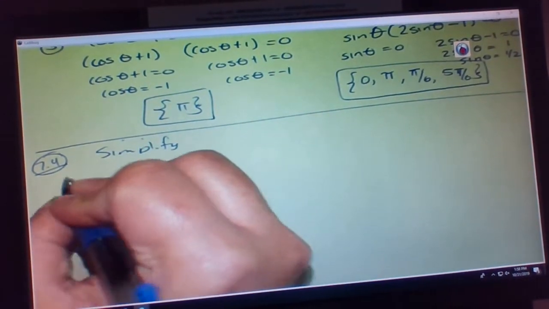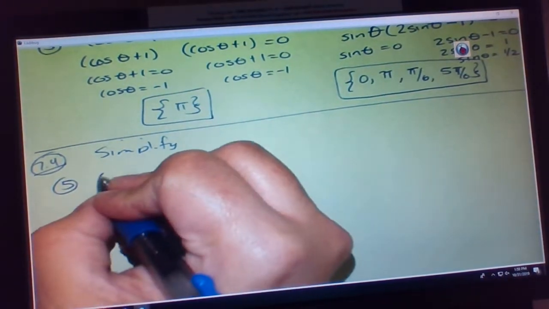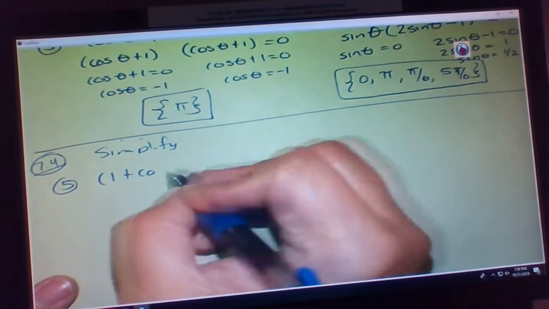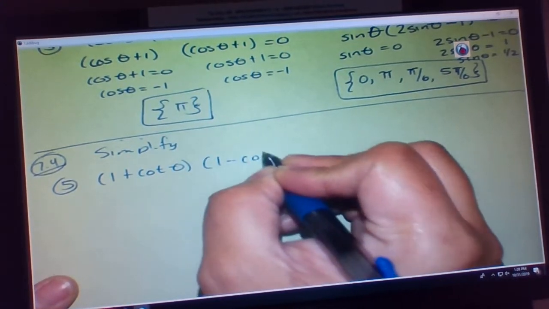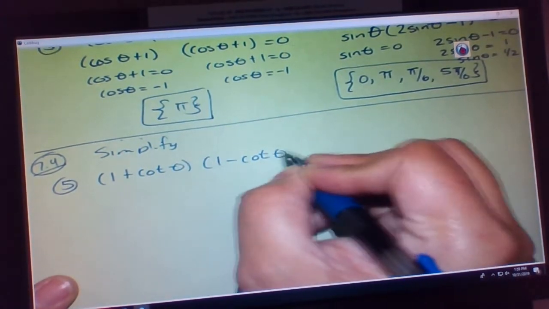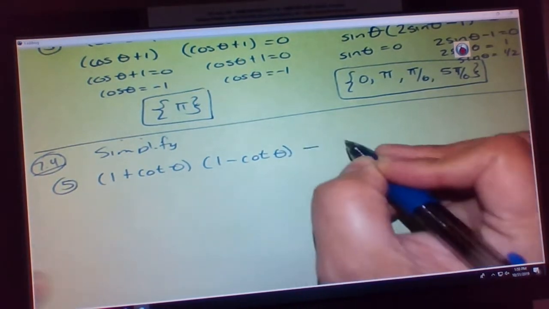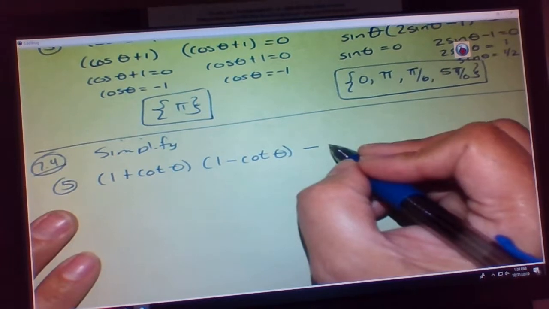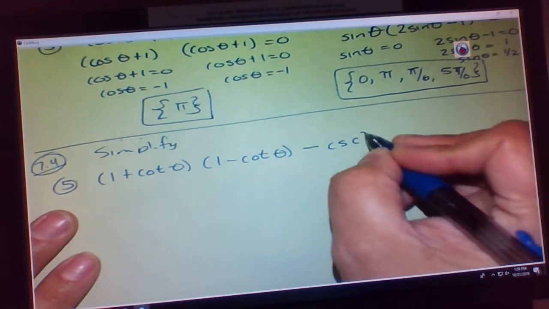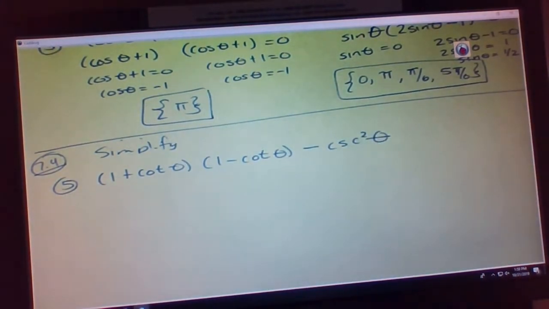So let's say you got 1 plus cotangent times 1 minus cotangent, and minus cosecant squared. I said secant squared, I mean cosecant squared.